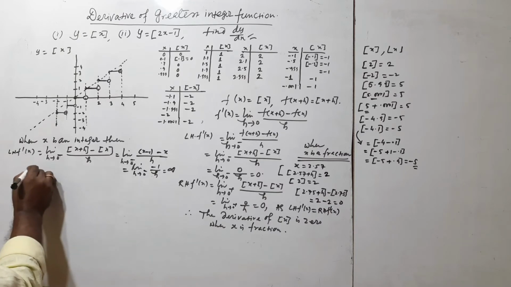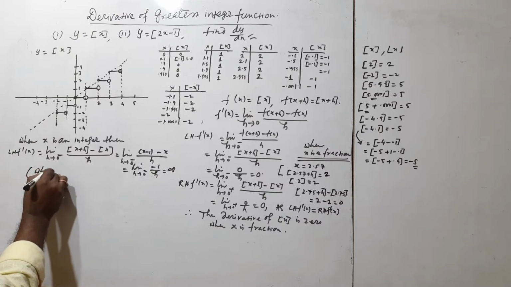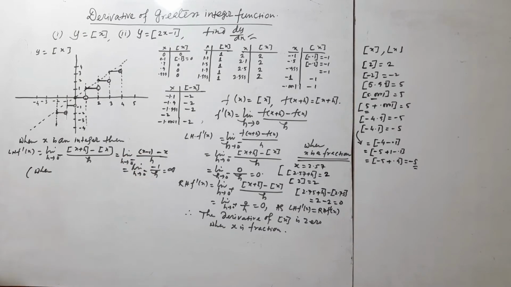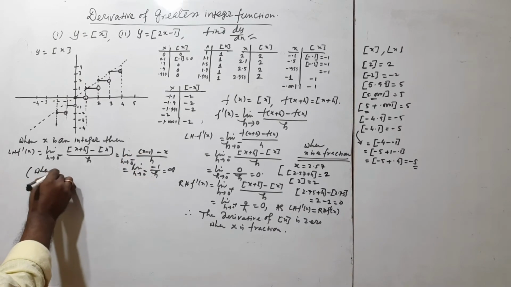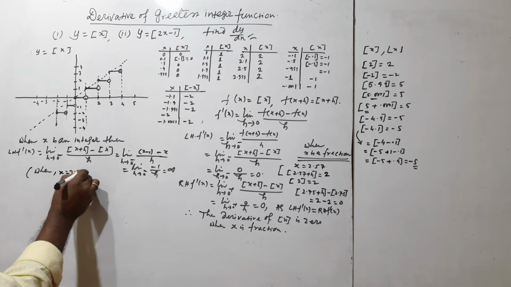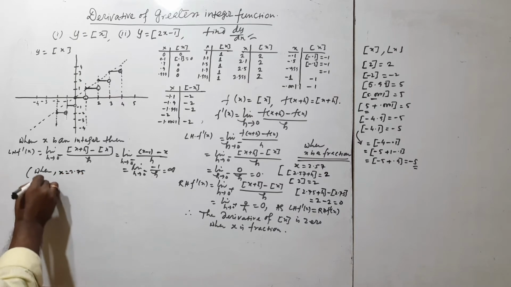For example, how is it possible to get x minus 1 minus x? I want to give you some idea.